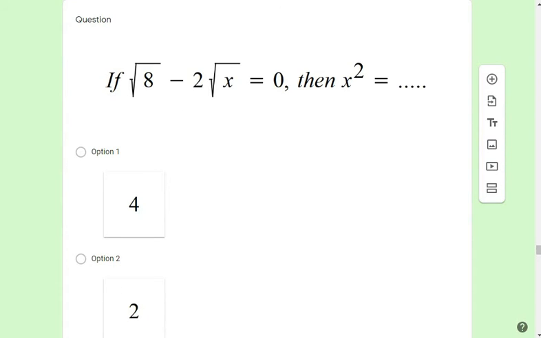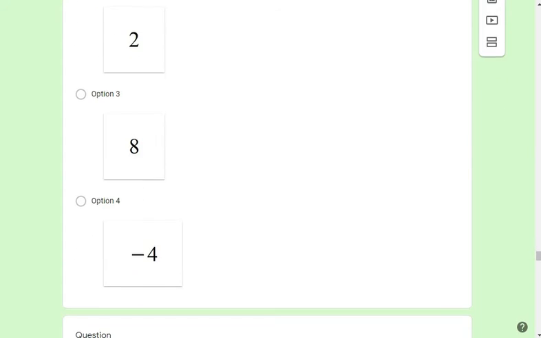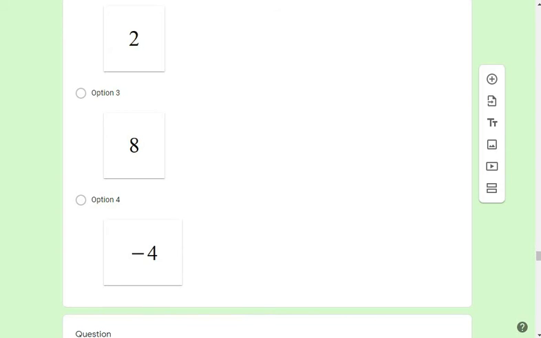The next, if square root 8 minus 2 square root x equals 0, then x power 2 equals what? Choose one of the following answers: 4, 2, 8, or negative 4.